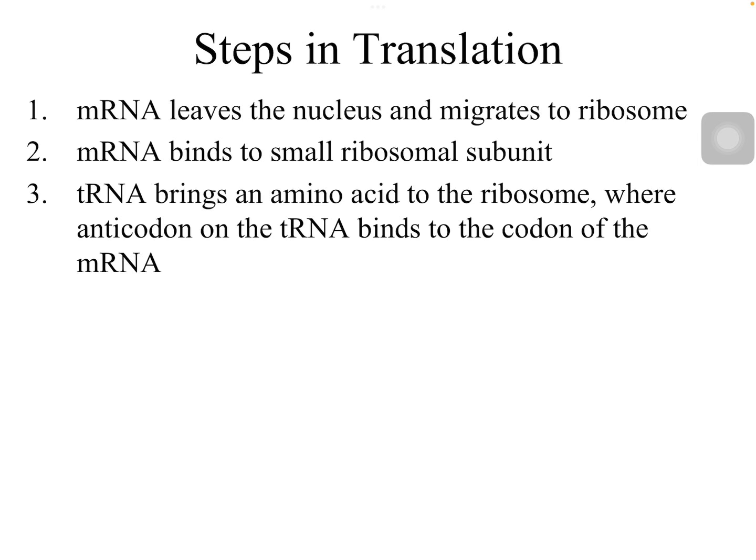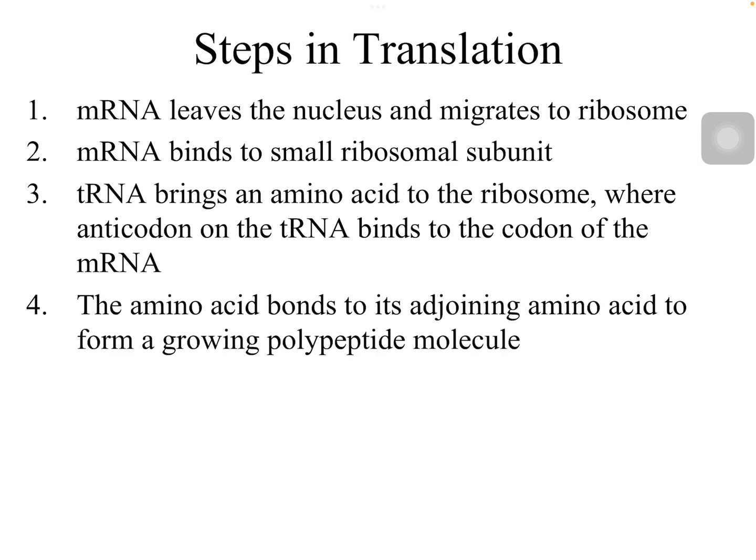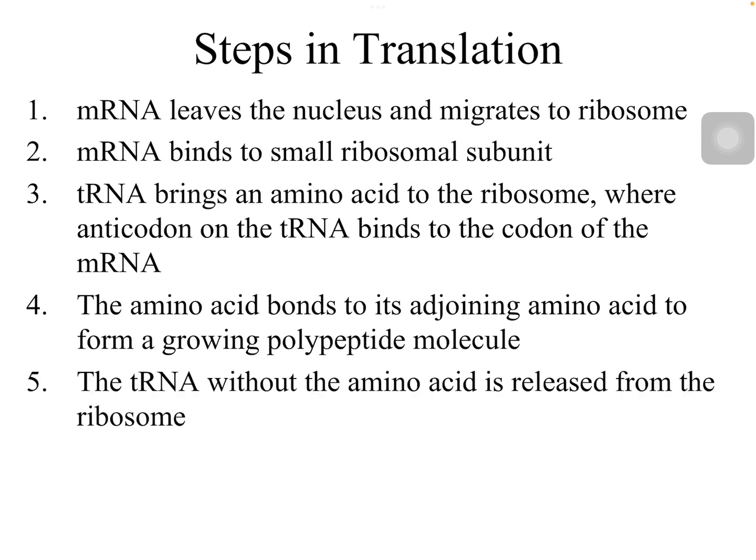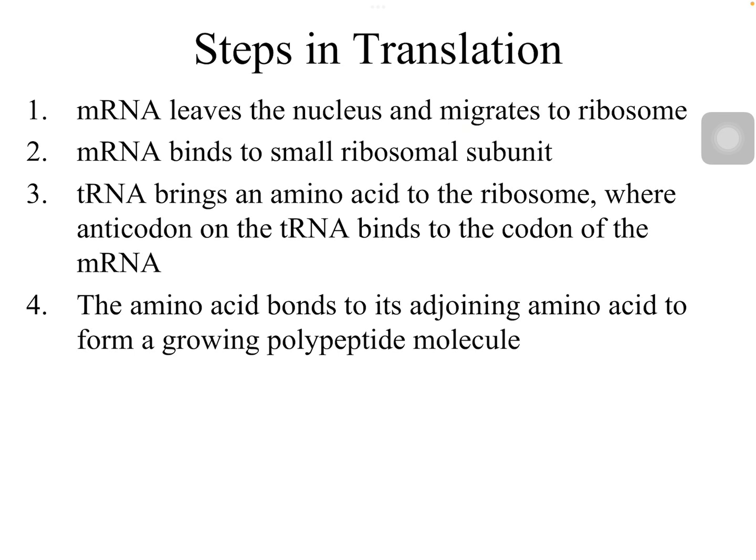So, next step, the amino acid bonds to its adjoining amino acid to form growing polypeptide molecule. And the tRNA without the amino acid is released from the ribosome. Of course, pag nagkaroon na po ng van der Waals connection between yung molecules ng amino acid nila, magkakabit-kabit na po siya hanggang sa, of course, aalis na po si tRNA from its line.